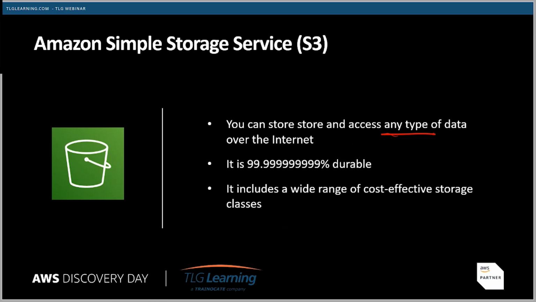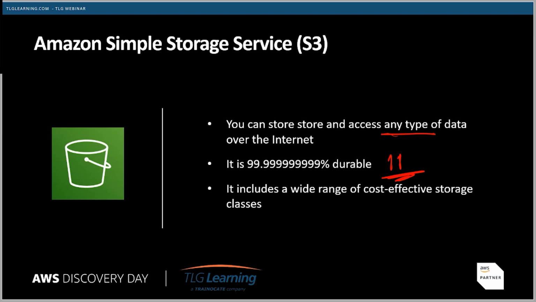S3 is a highly durable service. We look at this as 11 nines of durability. That is referring to the odds or the chances of an object that you upload to S3 being unavailable or lost, AWS, the S3 service, losing that object. 11 nines of durability works out to, if you have something like a million objects in S3, you may lose one object every 10,000 years, something like that.